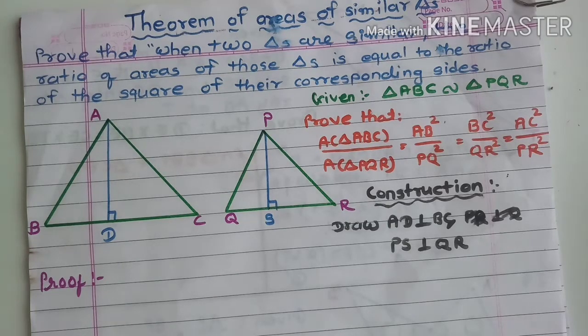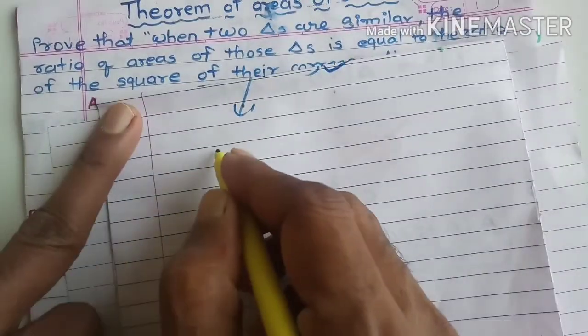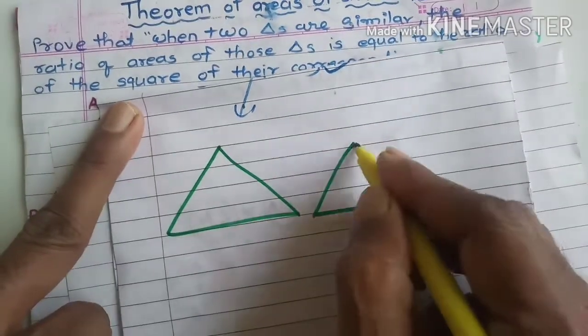Now, we already studied one property, the ratio of areas of two triangles, the very first property of this chapter, similarity.